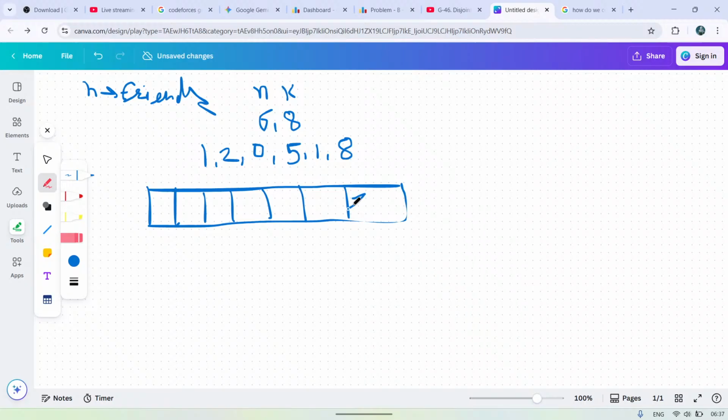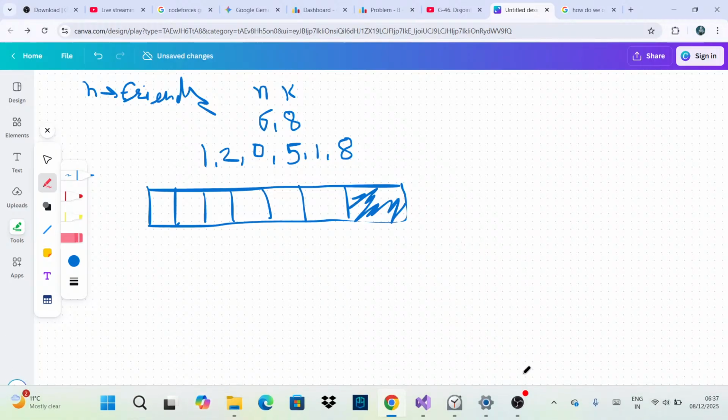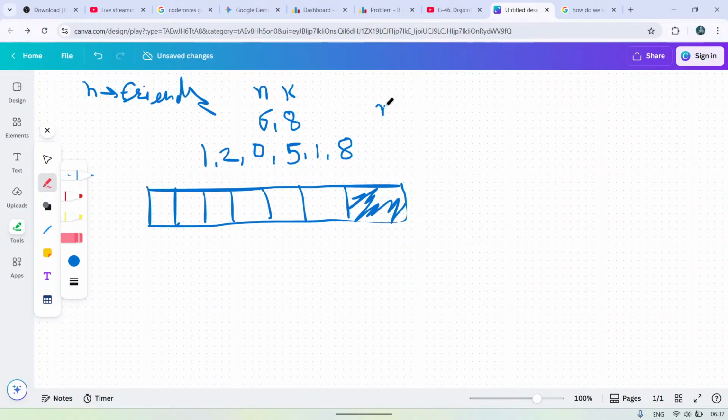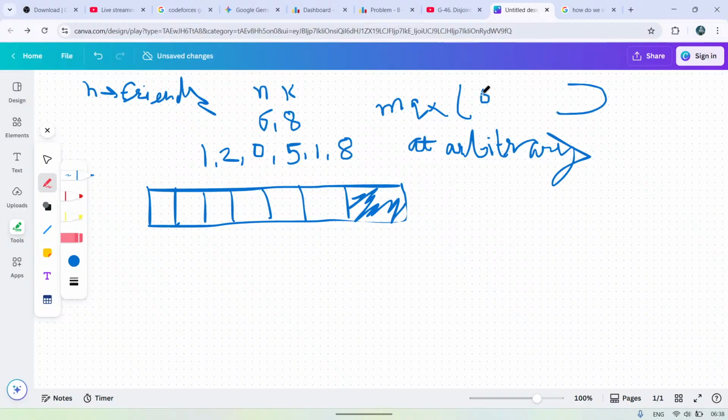So what I have to do is maximize. At an arbitrary j, the happiness will be the max of b1, b2, till bj, right? We know this.